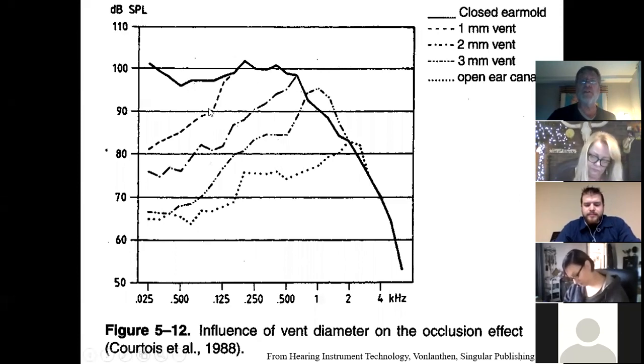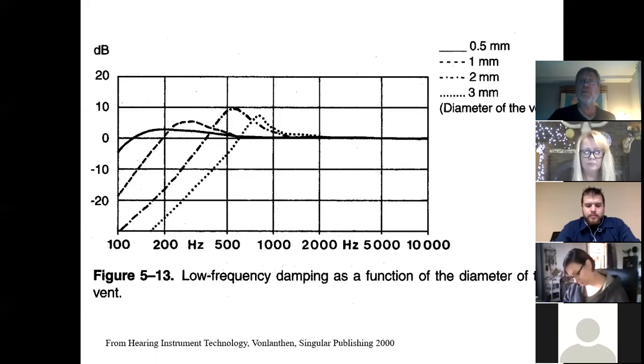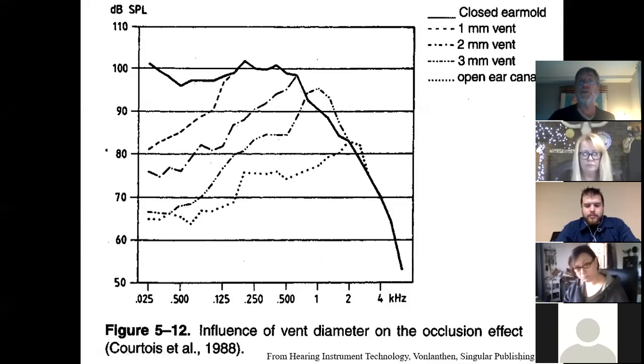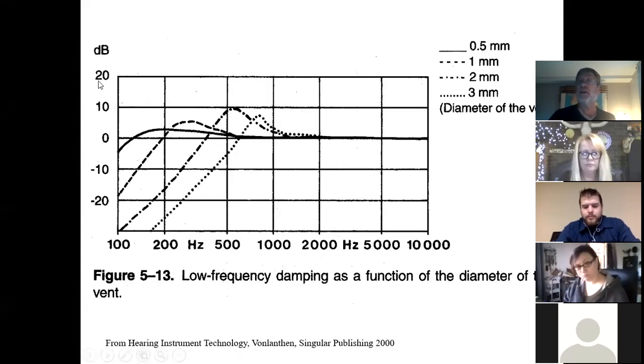A little bit of a vent, a bigger vent, larger and larger, you're letting out more and more of the lows. Looking here, this is in terms of output, dBSPL, and this one here is just in terms of gain. Same thing. The larger the vent, the more the lows escape.